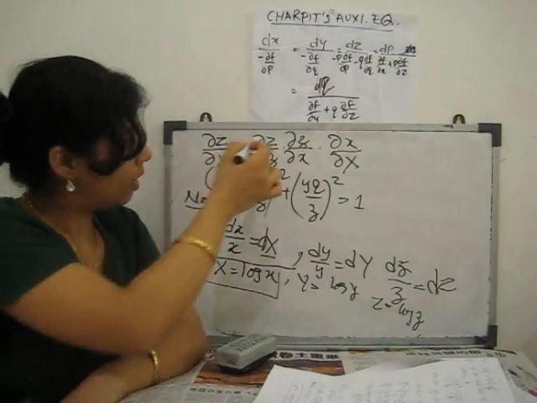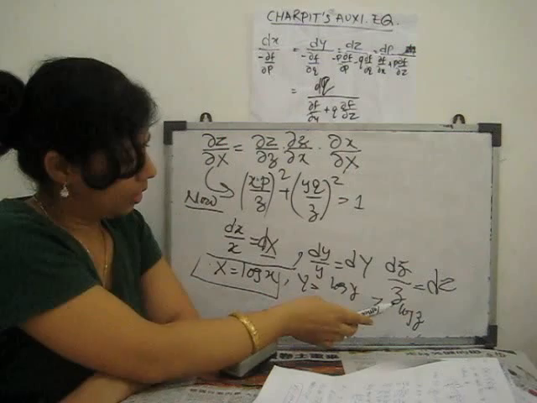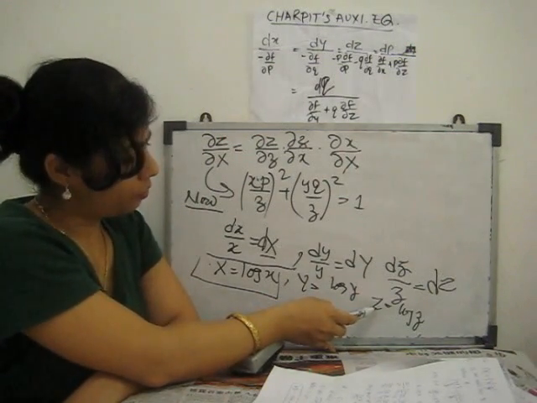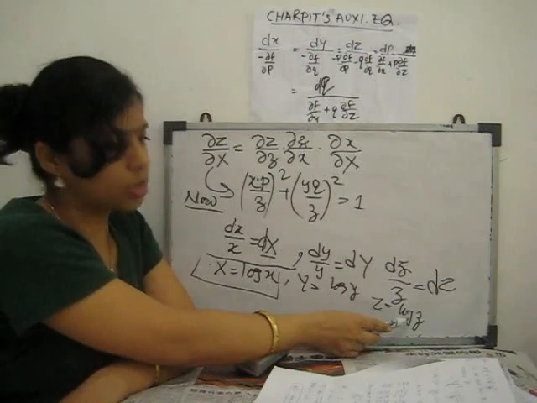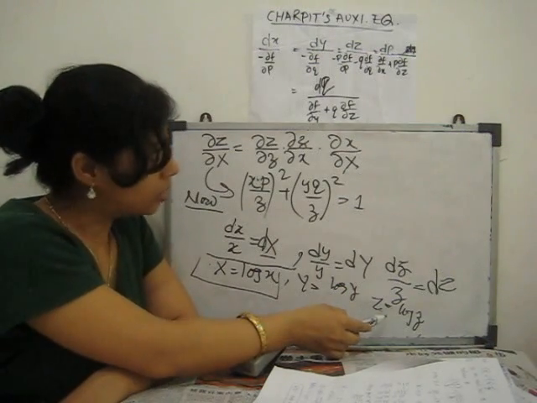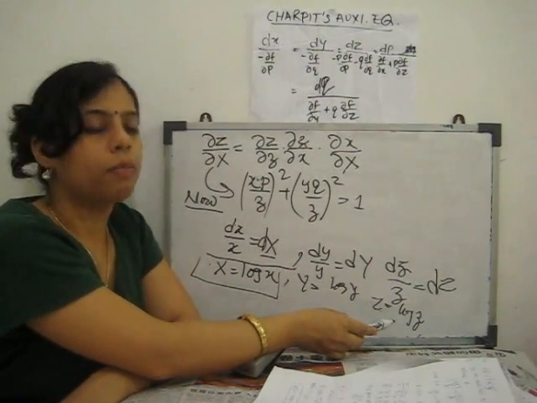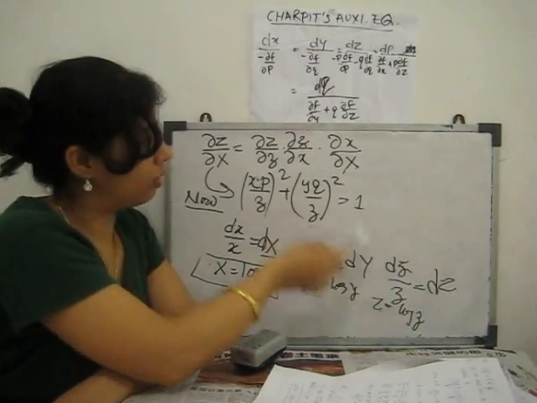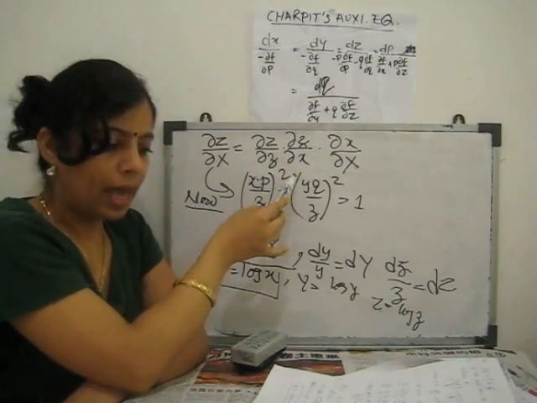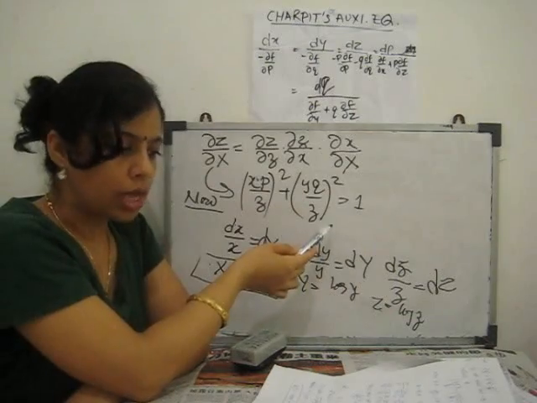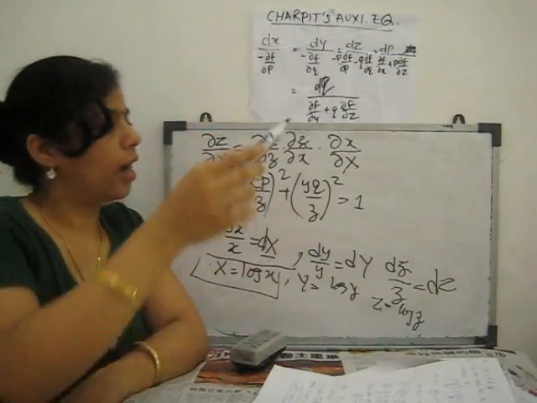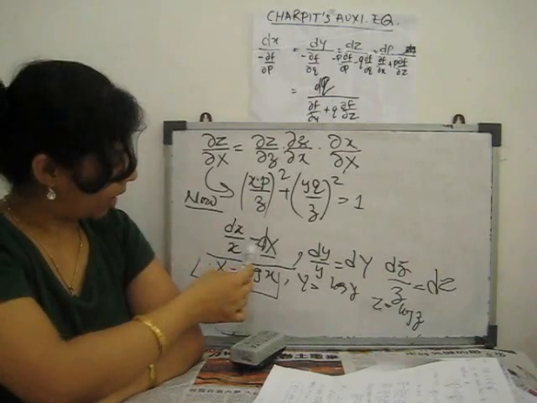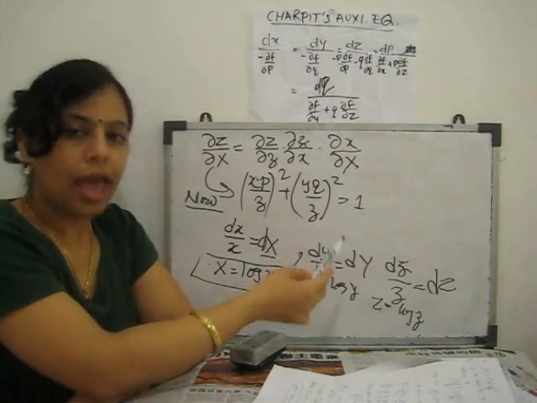When we substitute the value, del z by del z, capital Z is log z. So if we differentiate this with respect to small z, it becomes 1 by z. See, del z upon del z is 1 by z. Del z by del x stays as it is. Clear? And then what is del x by del x? Del x by del x is again x.